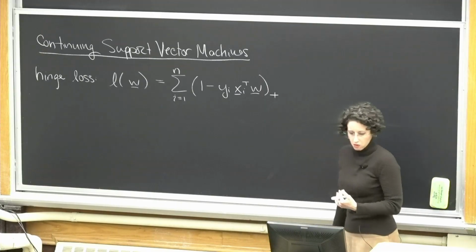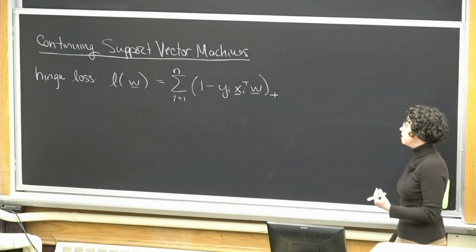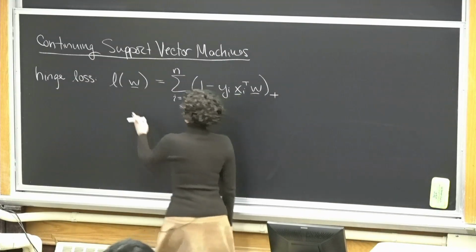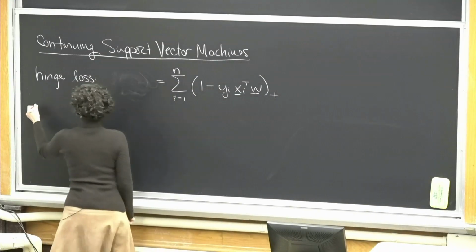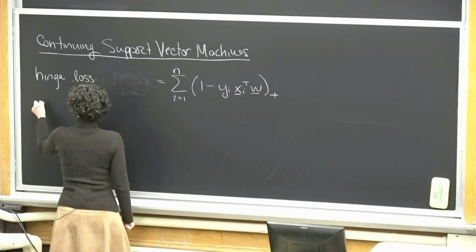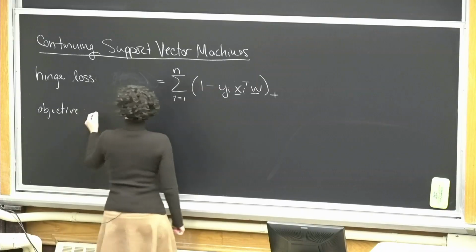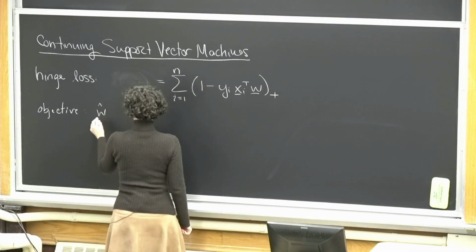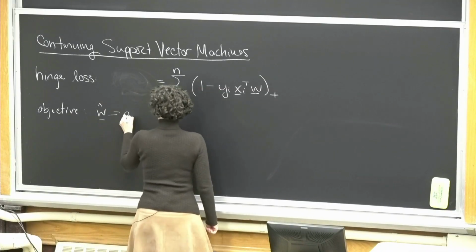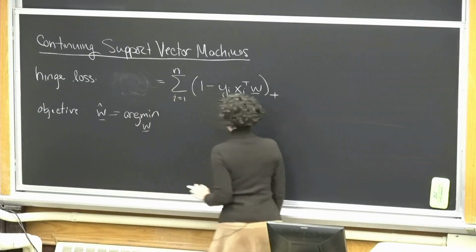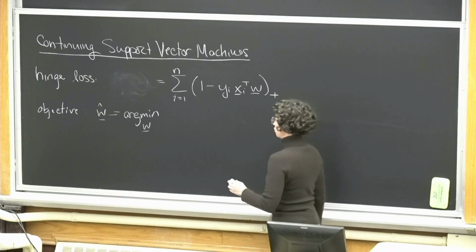And then we said that what we wanted to do was to minimize a regularized version of this loss. So maybe I'll just say this is the hinge loss, and then our objective, the thing that we are going to minimize, is we're going to compute W hat is equal to the argument that minimizes this hinge loss plus a regularization term.